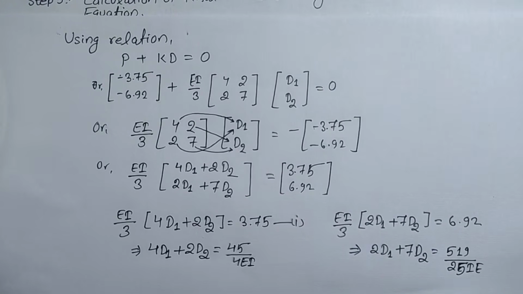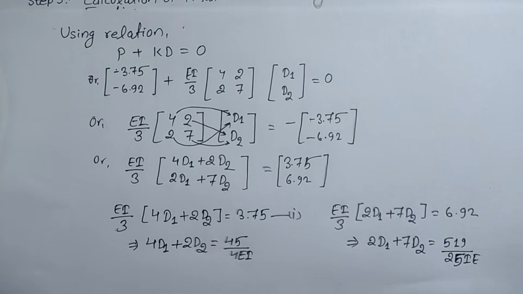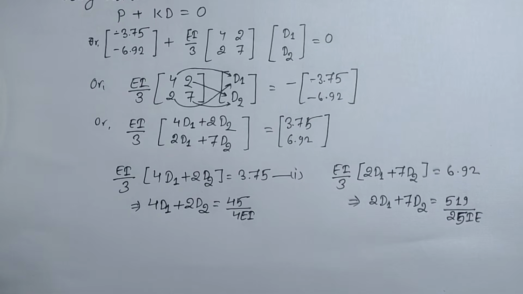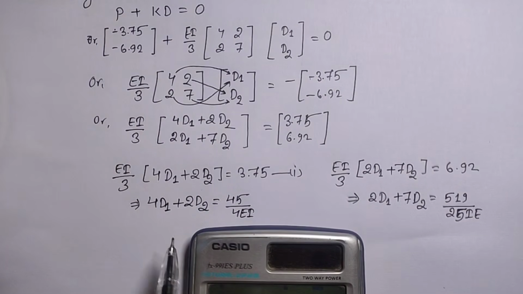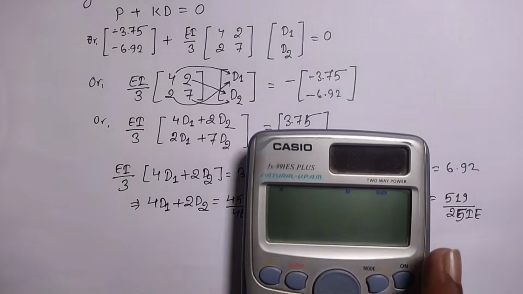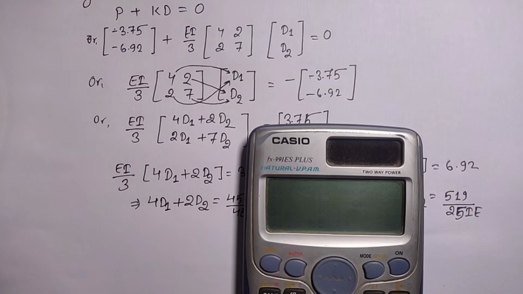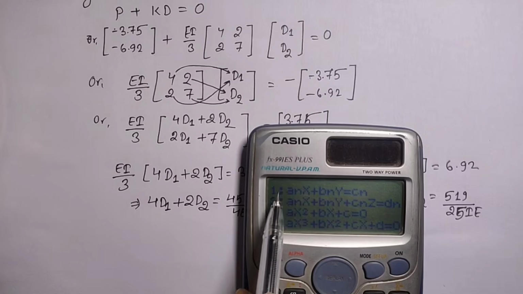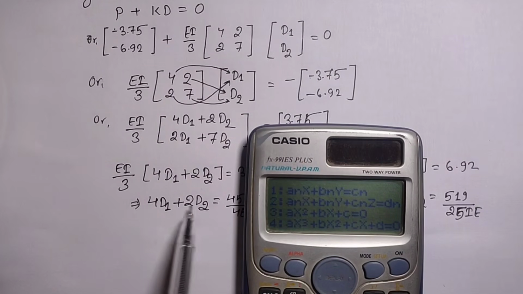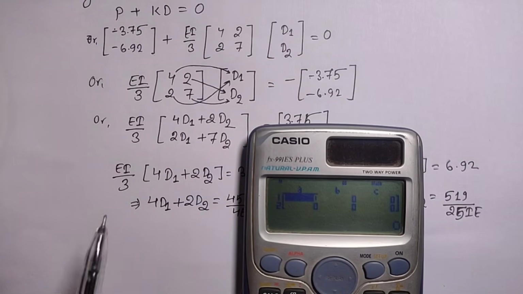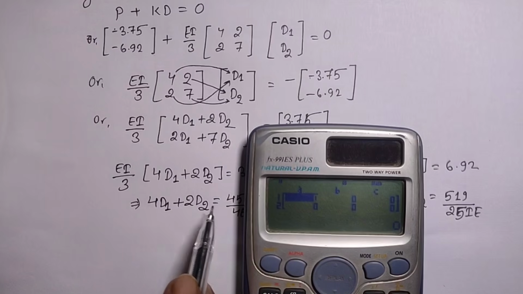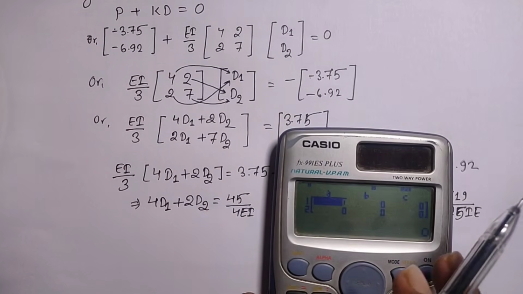Now guys, solve these two equations using the calculator. Let me show you how to solve this in the calculator. As you can see, this is taking the form of AX plus BY equals to C. So click on mode 5 for equation, select 1, because our equation is of the first form, AX plus BY equals to C. Now enter A equals 4, B equals 2 and C equals 45 by 4.